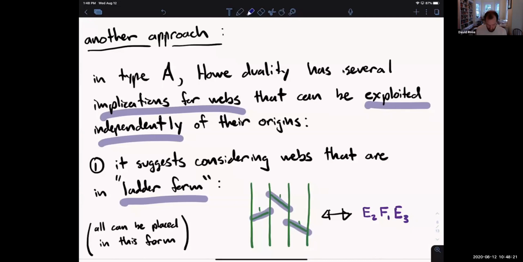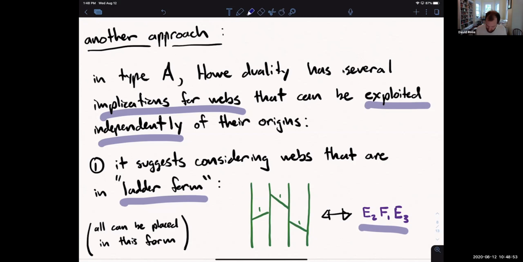And so what naturally comes out of their diagrammatic description of skew how duality are these webs in ladder form, where essentially I translate between the ladder form and the element in the dual quantum group by looking at where the rung is placed and whether it's slanted up into the left or up into the right.